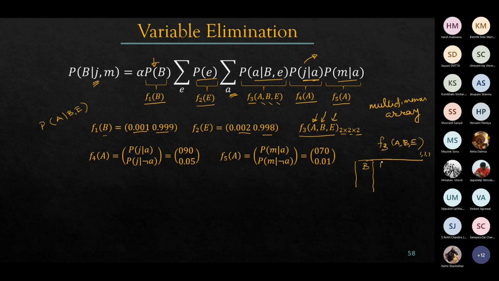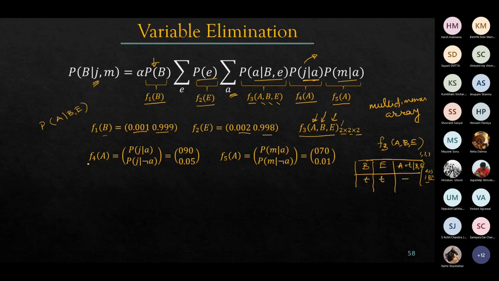So you have got B and E, and we represent A is true given B and E. The other value is A is false given B and E. So one value is for true and another value is for false. So it is a 3D array, and each dimension of this has two different values.